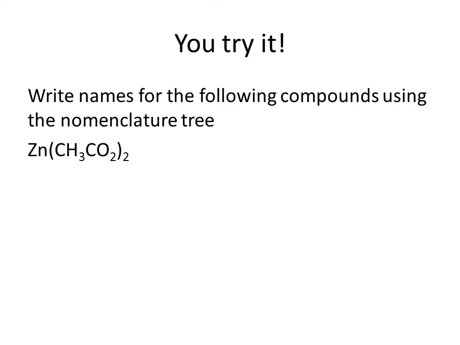Zinc is the front half of this compound. Zinc is a metal. Then you ask yourself, is zinc a metal with only one possible charge? Or is it a metal that has more than one possible charge? You can either go to your book, or earlier in the PowerPoints there's a periodic table that shows that zinc always has a positive 2 charge.